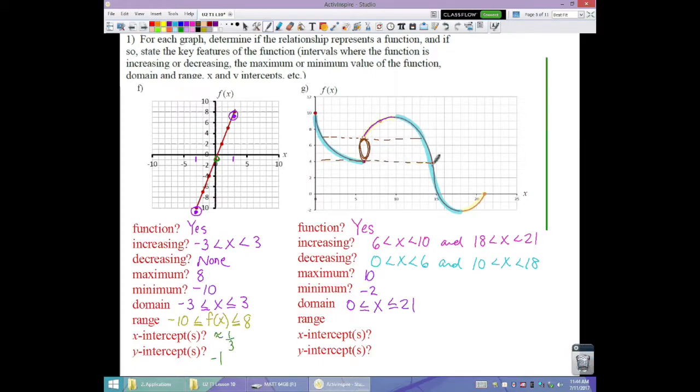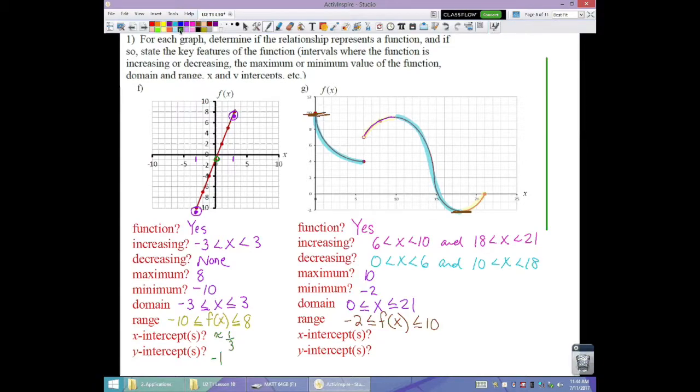So the fact that it might not go in order, it might have a jump, does not change the fact that every y value from the lowest one, down here at -2, to the highest one of 10, everything gets used by some point, by one or more points. Nothing gets jumped over completely. So the range goes from -2, including that -2, to the highest value of 10 and includes 10.